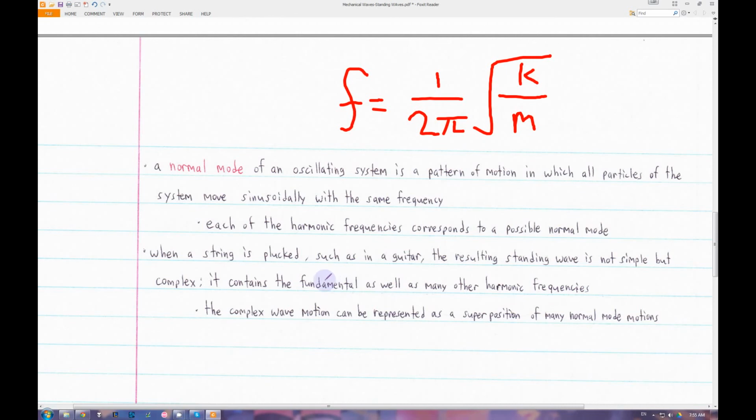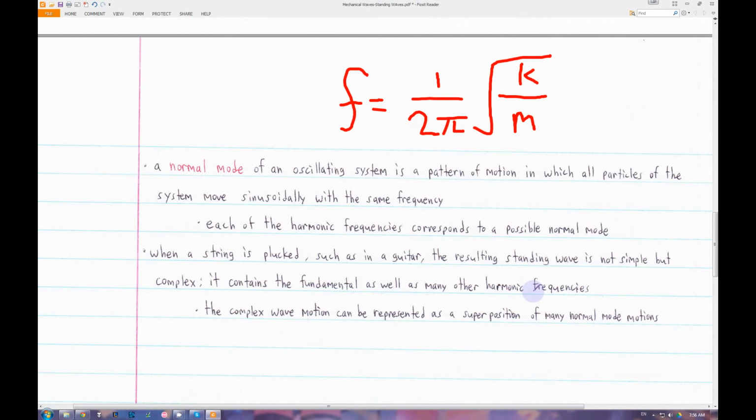So when we pluck a string on a stringed instrument, there will be multiple frequencies. There will be some of the fundamental frequency, which is what we hear. We perceive as the pitch of the sound the fundamental frequency. But there are also many other harmonic frequencies as well.